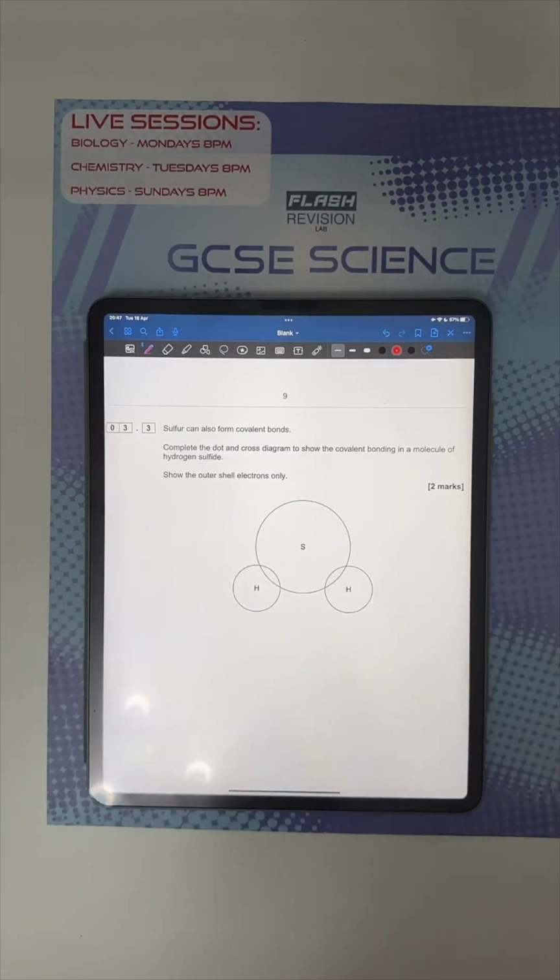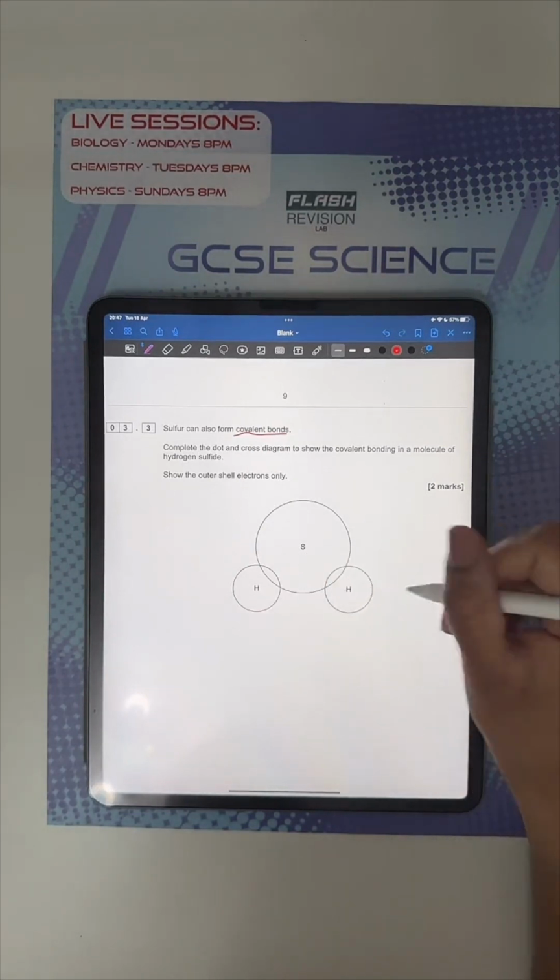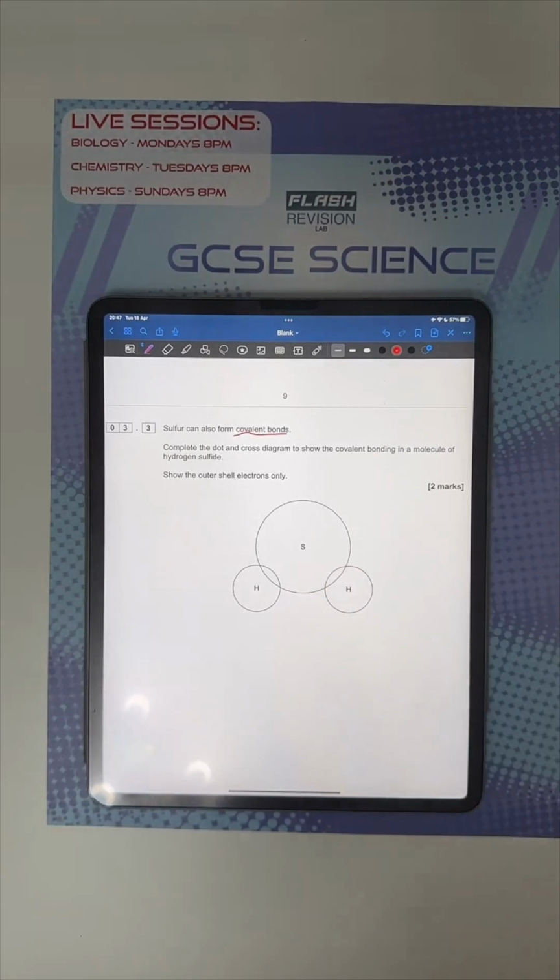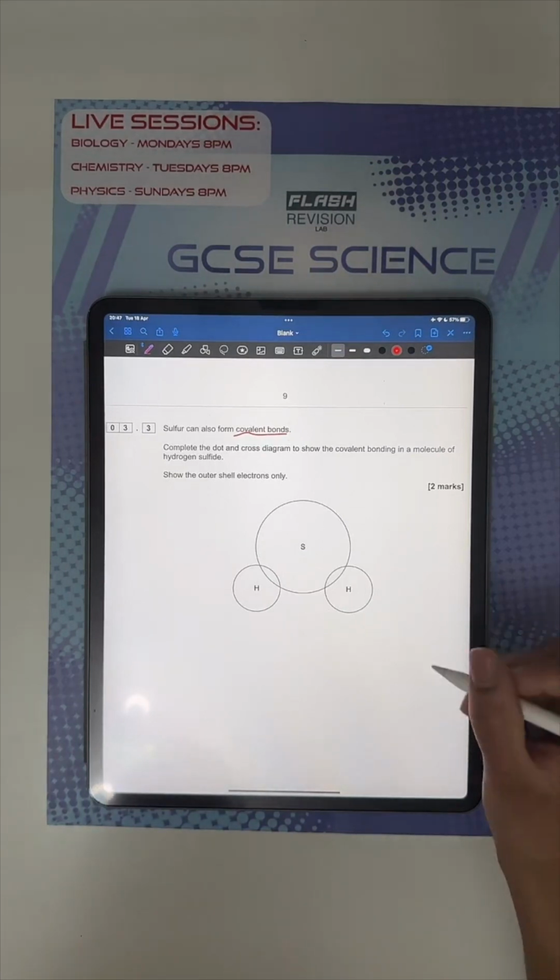Another covalent compound here. Sulfur can form covalent bonds. Dot and cross diagram for covalent bonds. H2S. Does anyone know what this looks like? It looks like another molecule that you need. It's one of the ones you need to memorize. Exactly, George. Water. It looks like water.